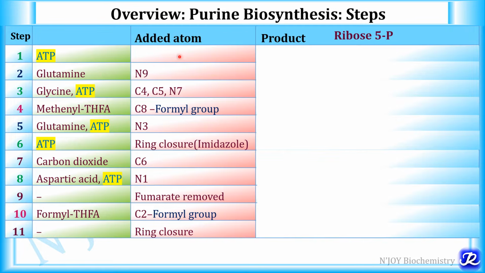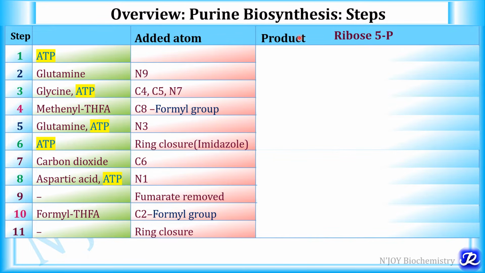The first starting material required for purine biosynthesis is ribose 5-phosphate, because purines are built on the pre-existing ribose 5-phosphate, and this ribose 5-phosphate is derived from the HMP pathway. There are 11 steps. In the first step, ATP is incorporated and this ATP is converted to AMP.